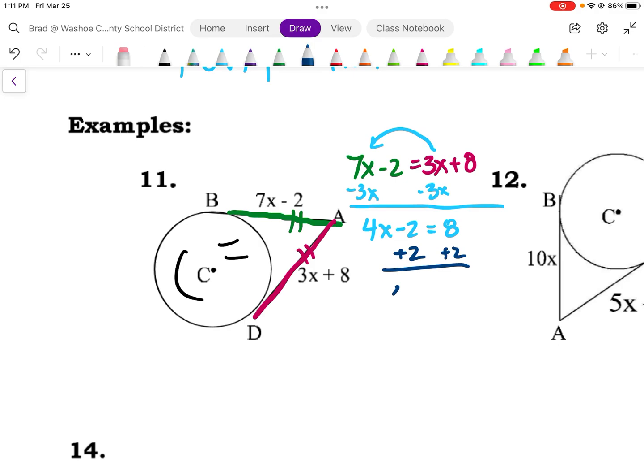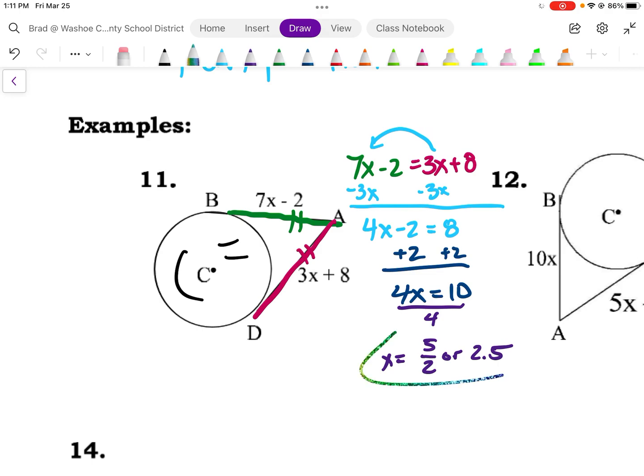Go ahead and add 2 to both sides, and I get 4x is equal to 10. Divide both sides by 4. And so I'm going to get 5 over 2, or 2.5. Not a horrible decimal. Definitely doable. All righty, ladies and gents, let's go to the next one here.